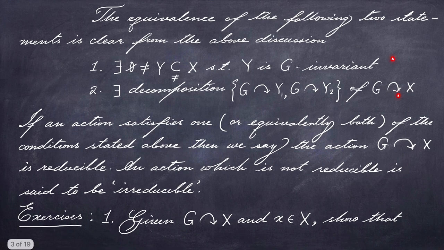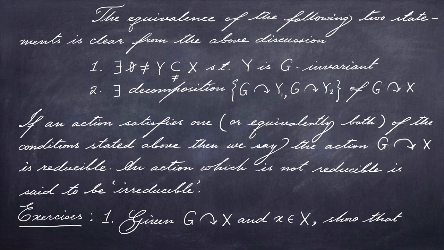The equivalence of the following two statements is evident from what we have just discussed. Given an action, the existence of a non-empty proper G invariant subset, and the existence of a decomposition of the given action. If an action satisfies one or equivalently both of these two conditions, then we say the action is reducible.